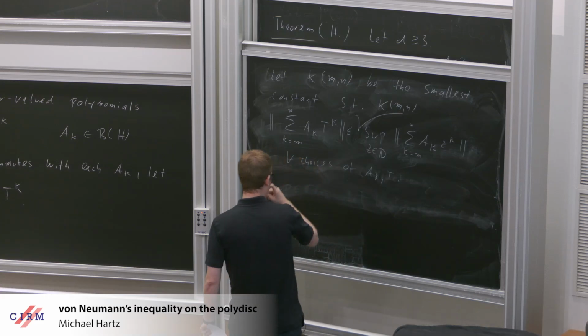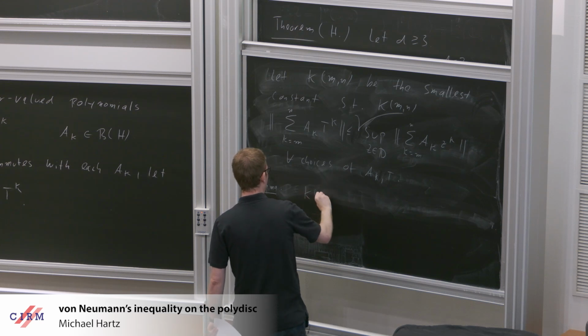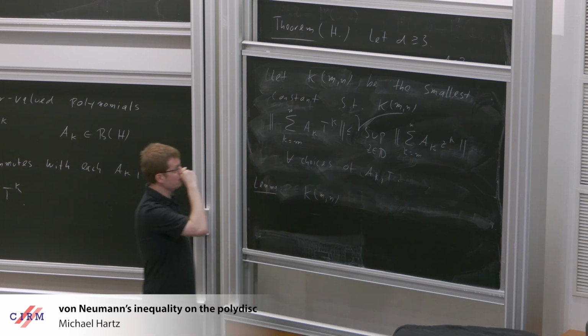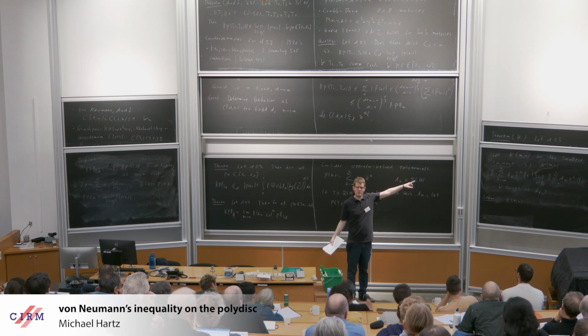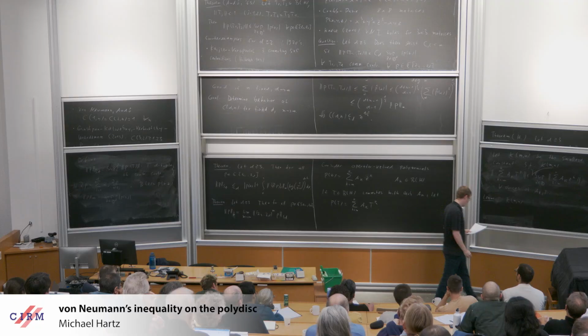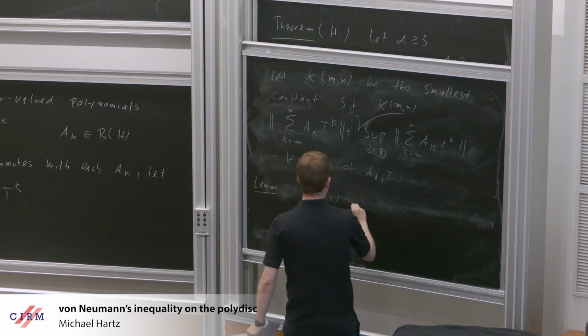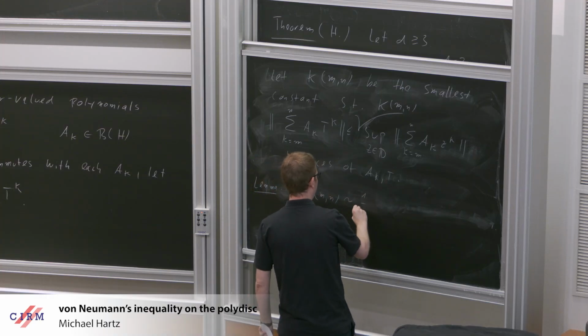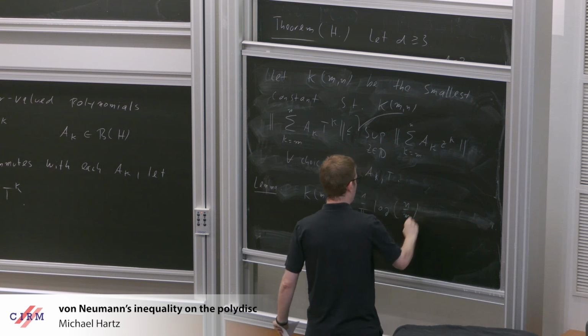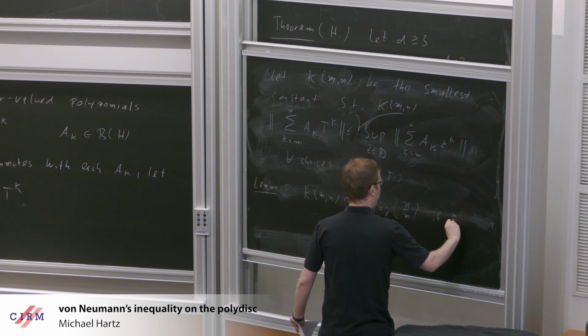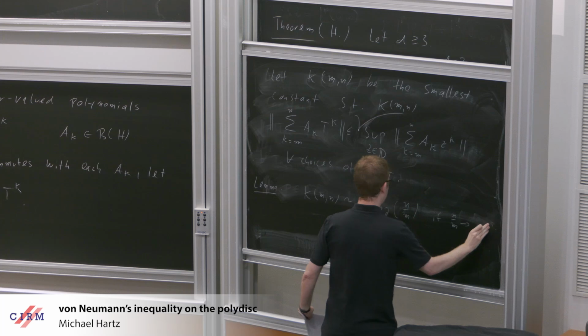So there are two interesting regimes in this case. One where the ratio of n over m goes to infinity, and one where it goes to 1. And so the constant behaves approximately like 1 over pi times the logarithm of n divided by m if n over m tends to infinity.